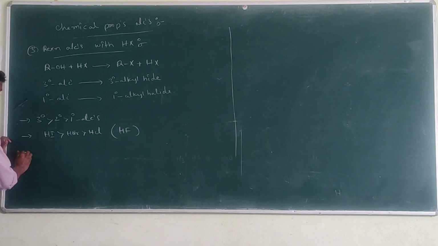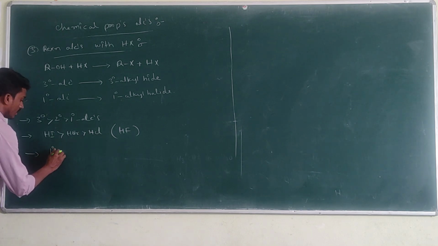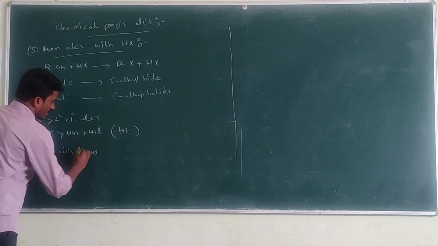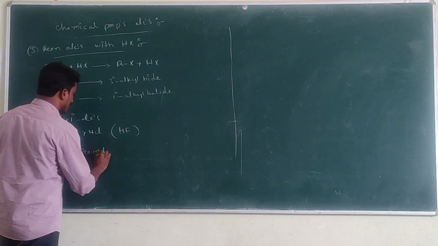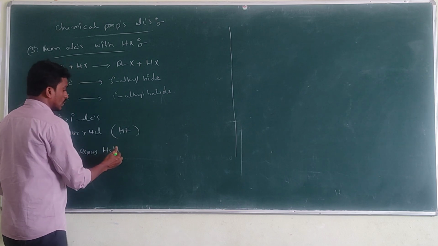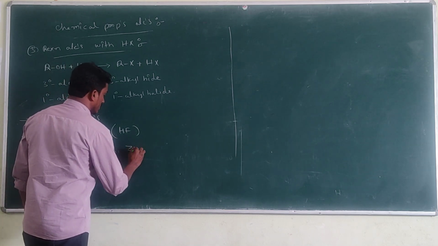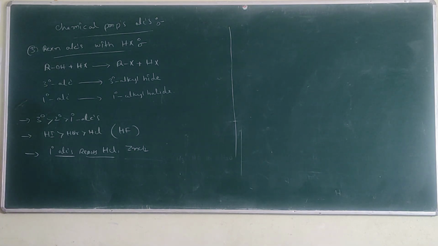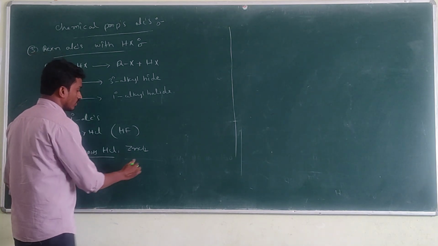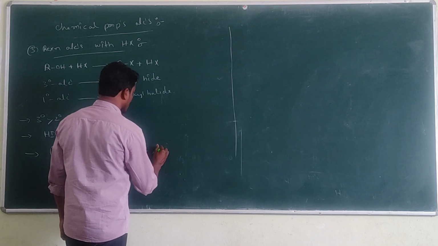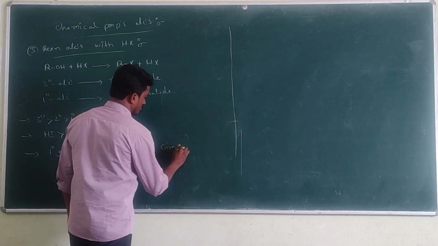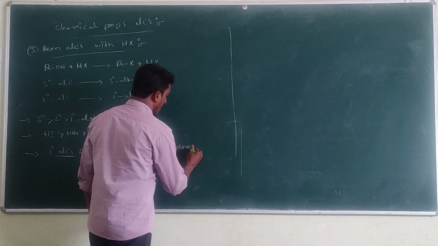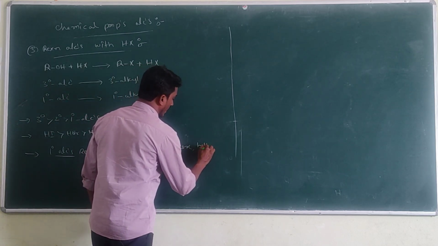When primary alcohols react with hydrogen chloride, a Lewis acid like ZnCl2 is required, because ZnCl2 forms a complex with the alcohol group to give a better leaving group.